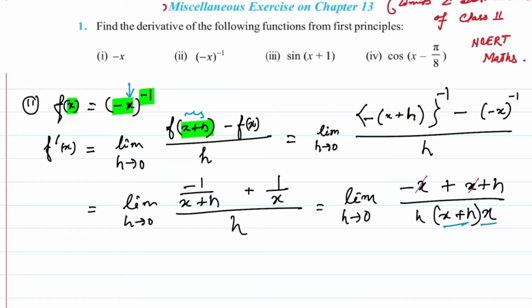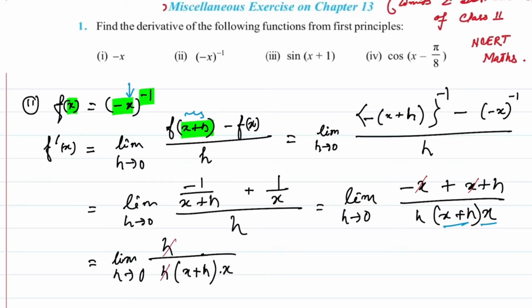So here you see, minus x plus x cancel. Then we have limit h tends to 0 of minus h by h into x plus h into x.